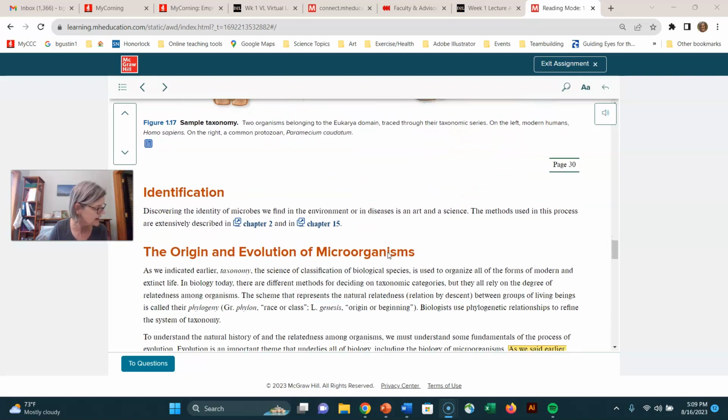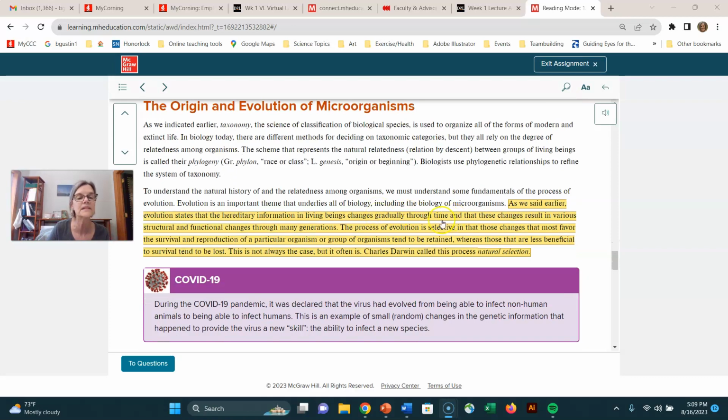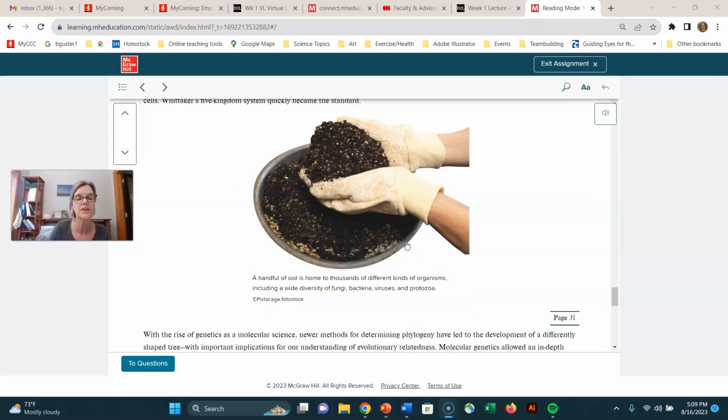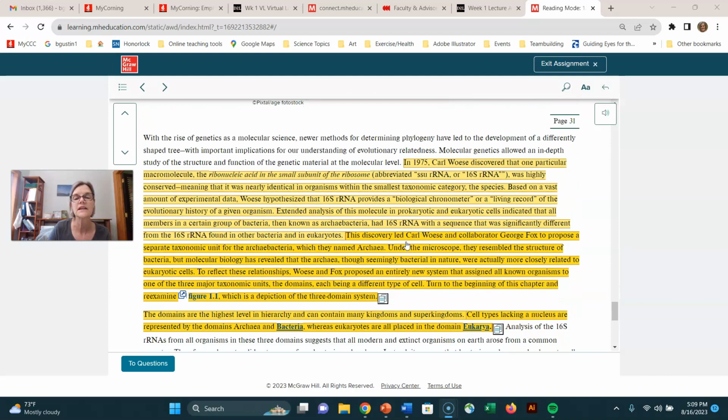The last learning outcome says explain the difference between traditional and molecular approaches to taxonomy. So what happened is, it says in 1975 there was this guy named Carl Woese, and he started studying certain kinds of RNA that all cells had.